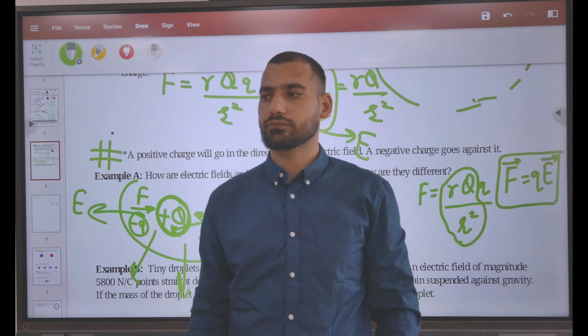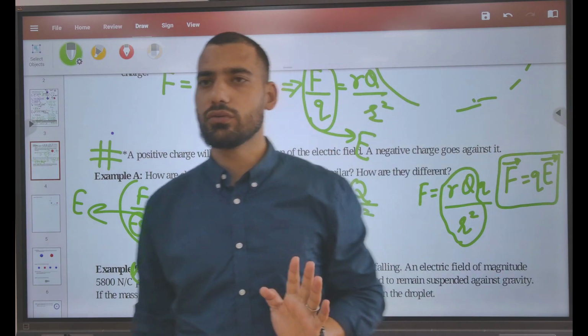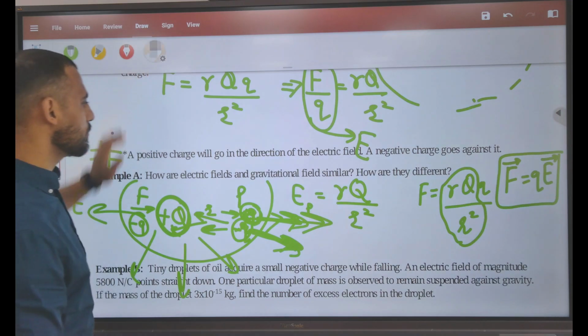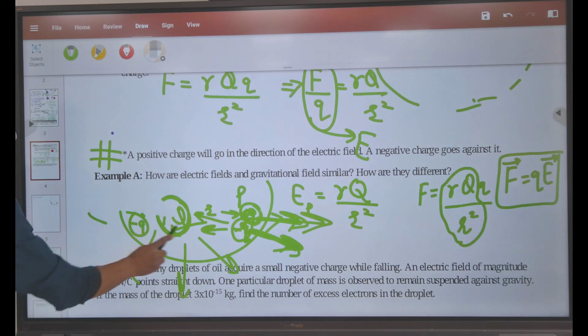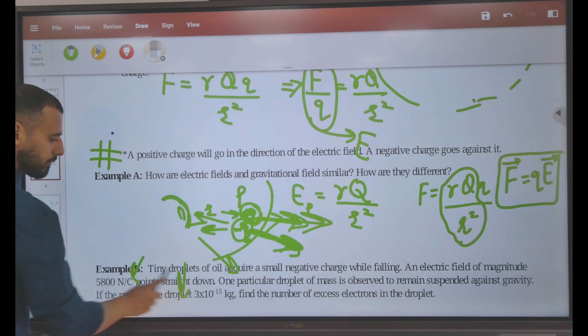Another point. If the charge is positive, force and electric field have the same direction.